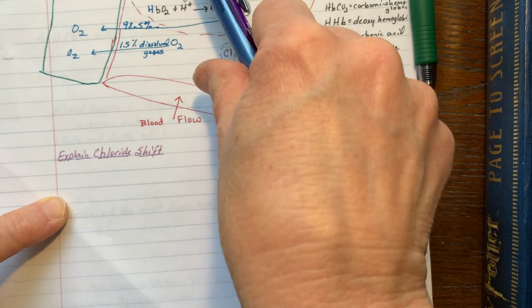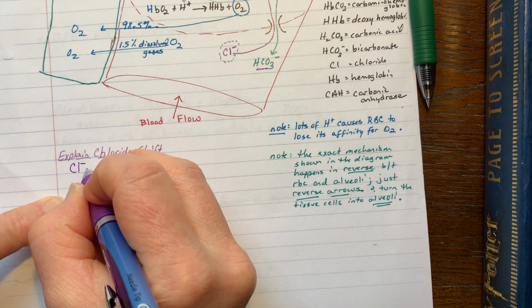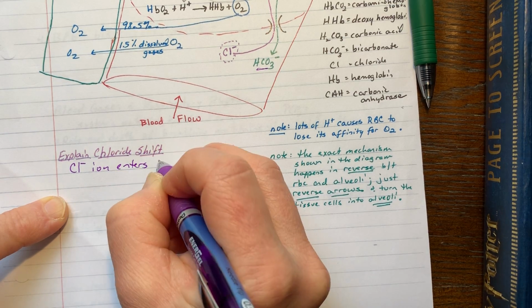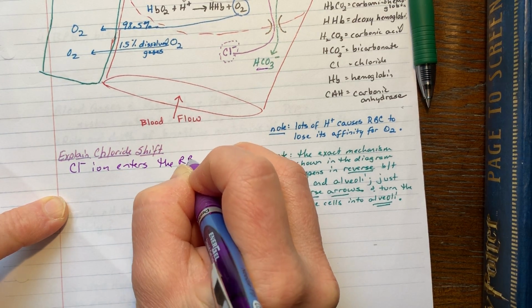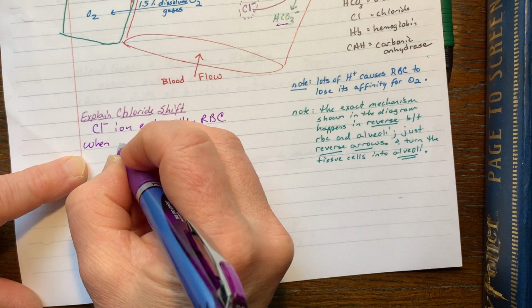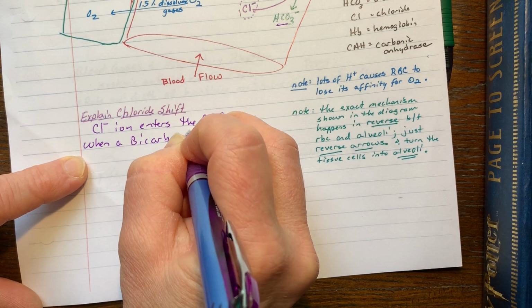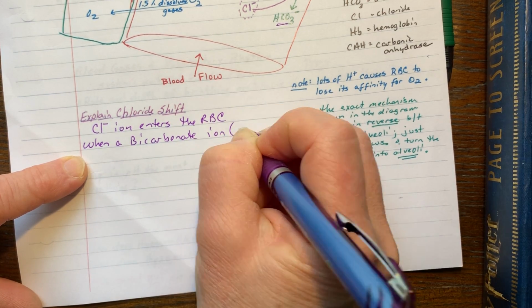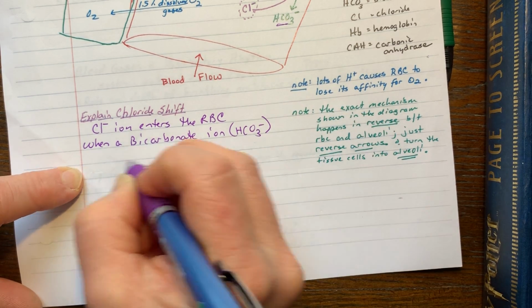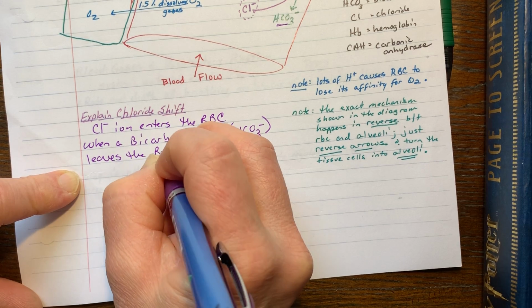The chloride ion enters the red blood cell when a bicarbonate ion, HCO3 negative, leaves the red blood cell.